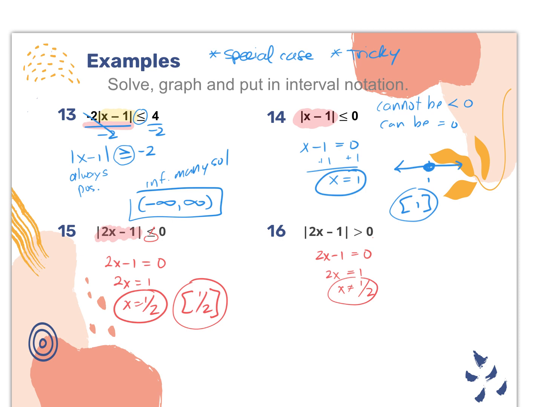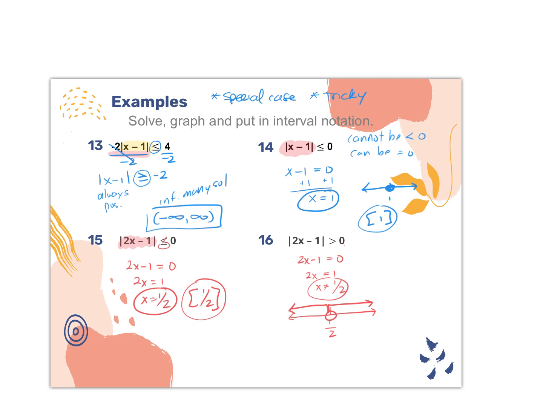So how do you represent everything but a half? Well, first of all, if we came over here to the graph and we had a half, we would have this open circle and it would go up and to the left and it'd go to the right, just not including it. So in a graph, that's how we would show that. In interval notation, it's kind of neat how we show it. Remember, we're going from negative infinity to positive infinity.